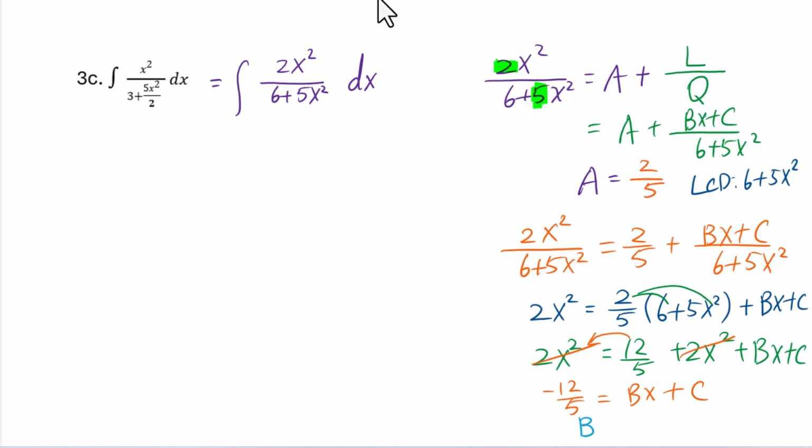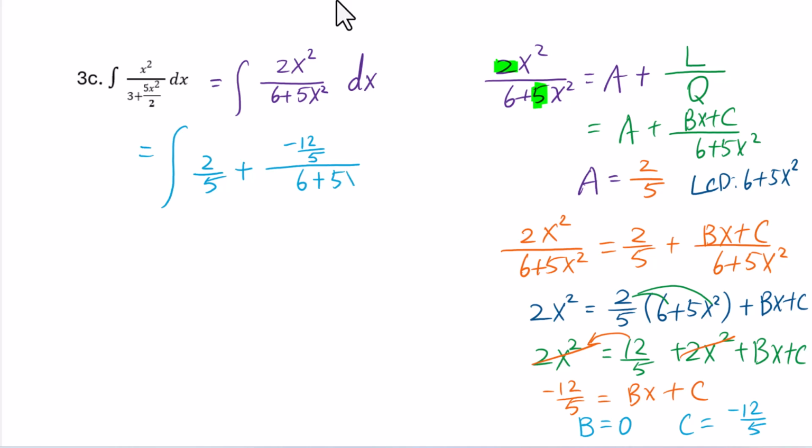So we figure out b equals 0, c equals negative 12 over 5, which means we can change this into integral of 2 over 5 plus negative 12 over 5 over 6 plus 5x squared dx.